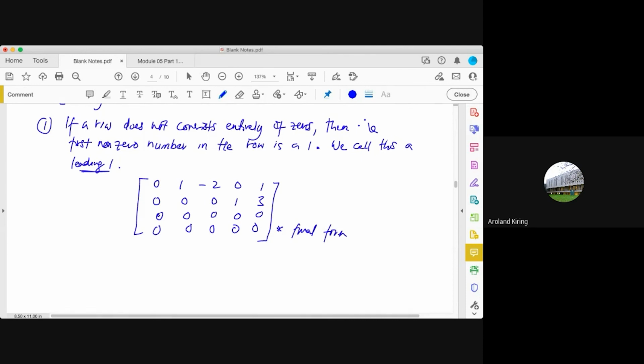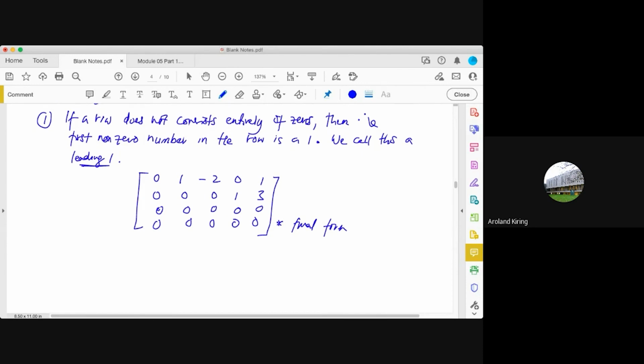Okay, so we're going to use the properties of RREF to verify that this is a final form. So the first property: if a row does not consist entirely of zeros, okay, you don't have this very nice identity matrix because you got 1, -2, and 1 here. So it doesn't consist entirely of zeros. Then the first non-zero number in the row is 1.